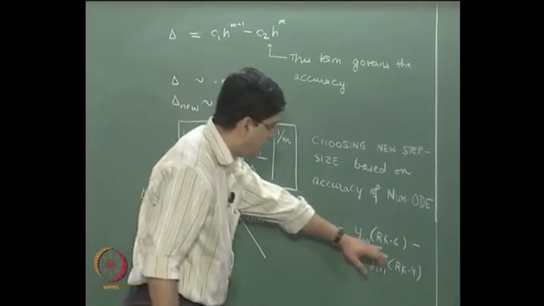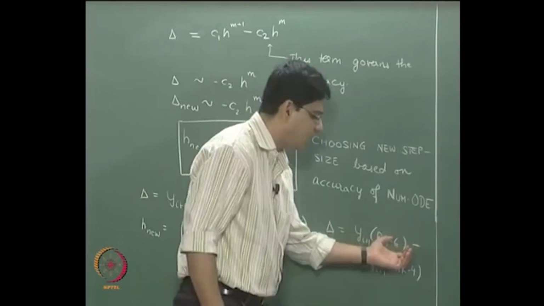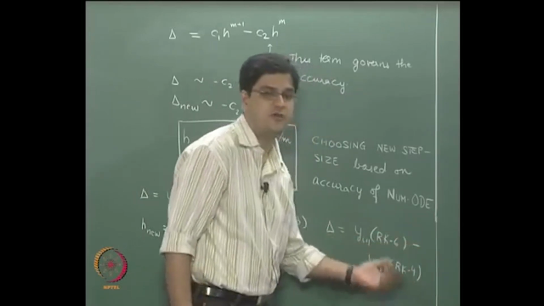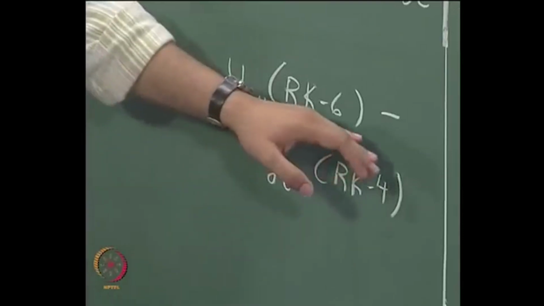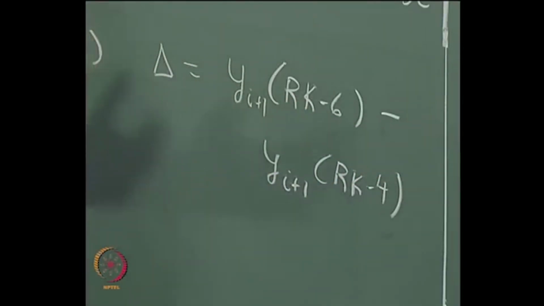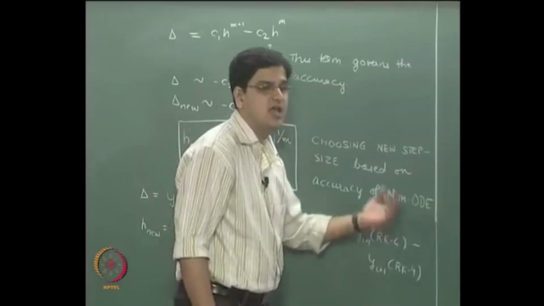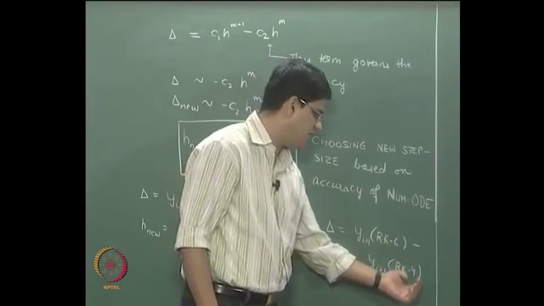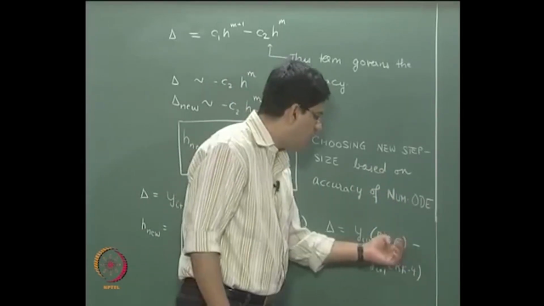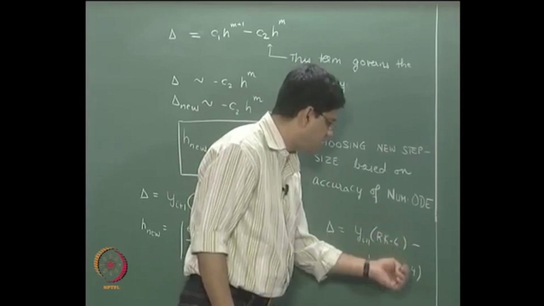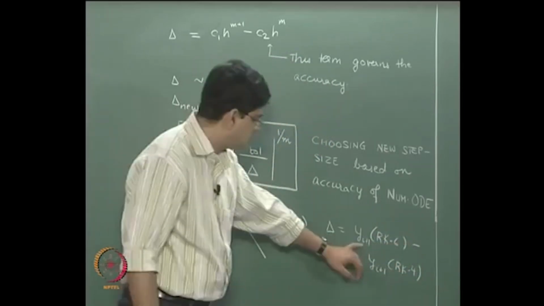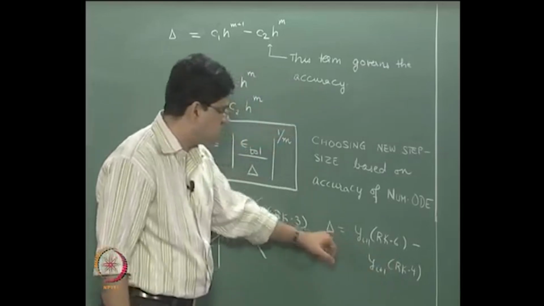Remember why we are doing RK6 minus RK4 and not RK5 minus RK4 is for one very simple reason, because RK6 method is h to the power 6 accurate, whereas RK5 method has the same order of accuracy as the RK4 method. As a result, we are going to take RK6 minus RK4 as the difference delta.